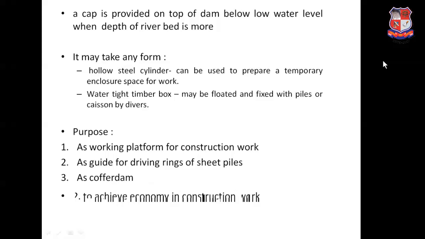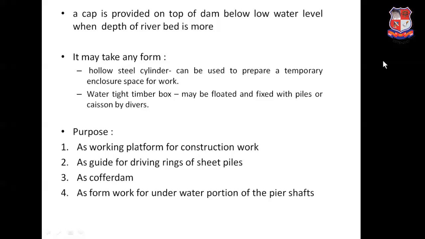Now, what is the purpose of this type of cofferdam? It will work as a working platform for the construction activity, as a guide for driving the rings of sheet piles. It will work as a cofferdam itself, as formwork for the underwater portion of the pier shafts. It can work.